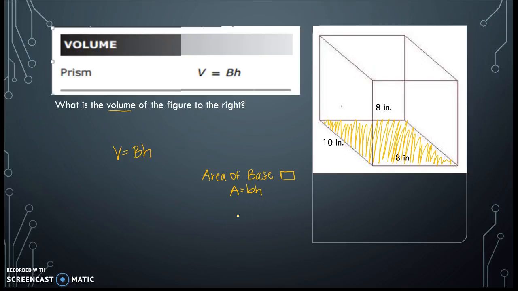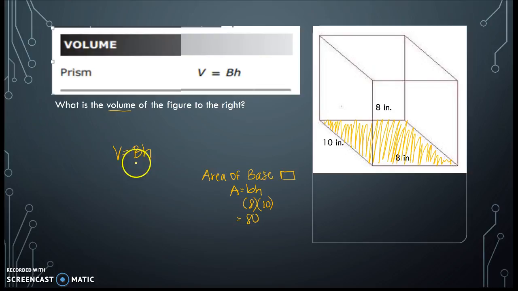That means we're just taking the dimension from our diagram. We're not doing a calculation. So big B is different because it's saying it's area of the base. We're doing a calculation. So the little b for the area of the base is 8 times 10. So 8 times 10 is 80.